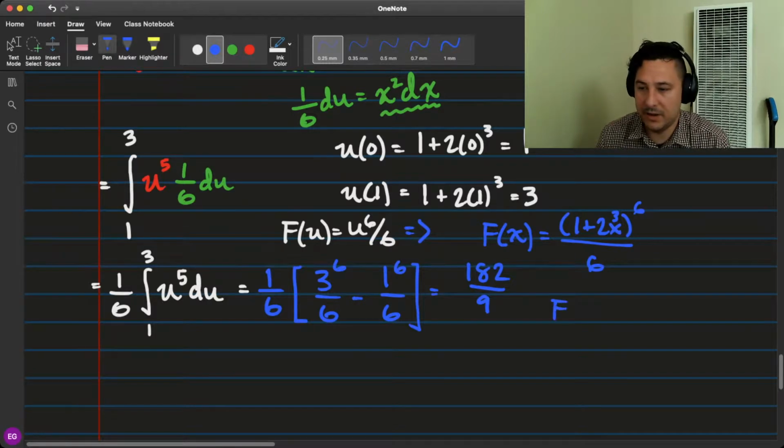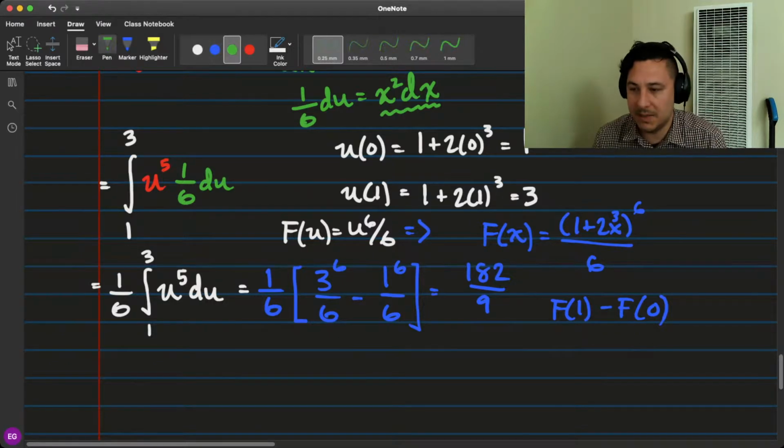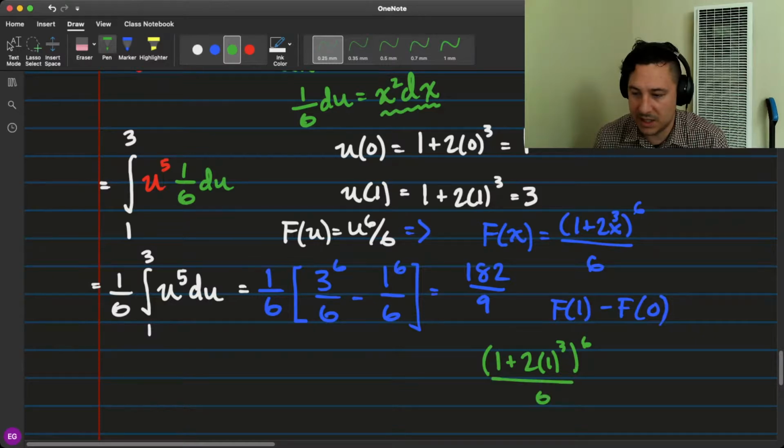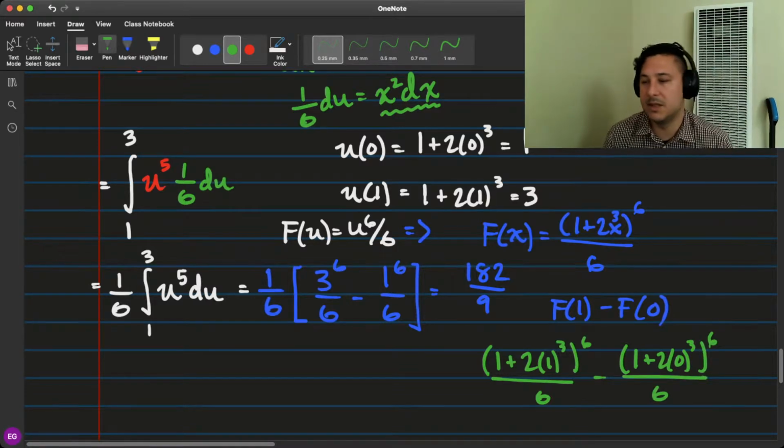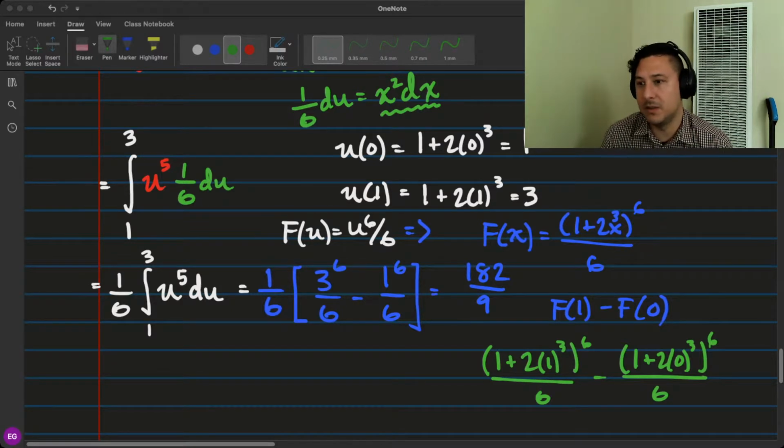So you would get f of 1 minus f of 0, and you'd end up getting the same thing, but notice it's not going to be that much nicer. 1 plus 2 times 1 to the third to the sixth over 6 minus 1 plus 2 times 0 to the third to the sixth over 6. You see how you still are going to have to raise something to the sixth. So it's not much better converting it back to x's. You might as well just leave it as u's. You're going to have to do the same calculation eventually.